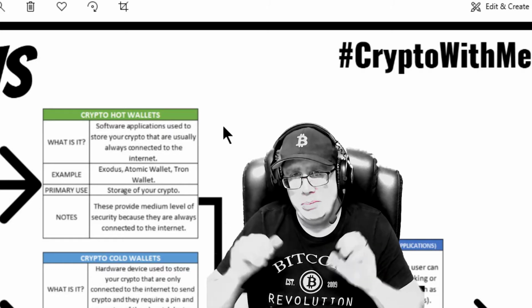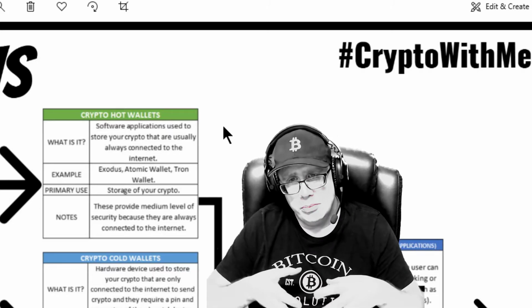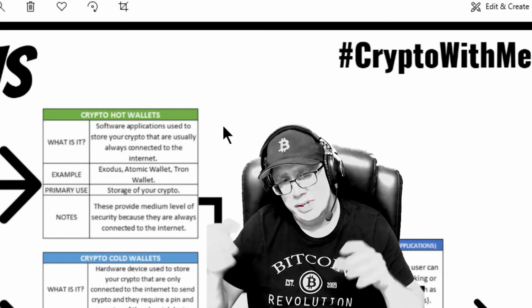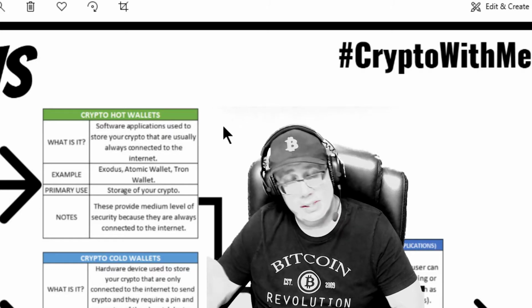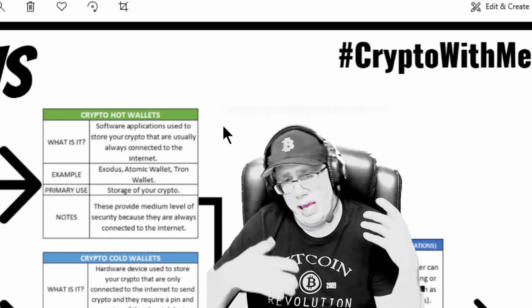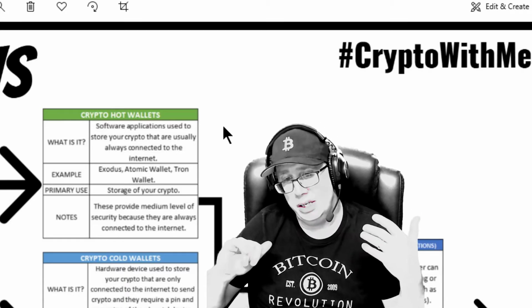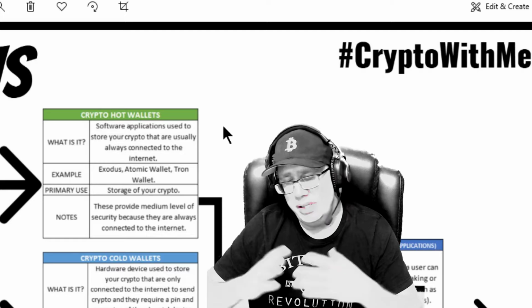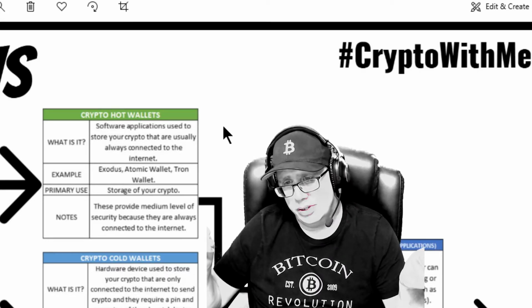Notes: these provide a medium level of security because they're connected to the internet. Basically, if your wallet's connected to the internet, someone could take control of your computer, maybe get your password, and they may be able to take control of your funds. This is no different than if your computer got taken over by a hacker or something like that.